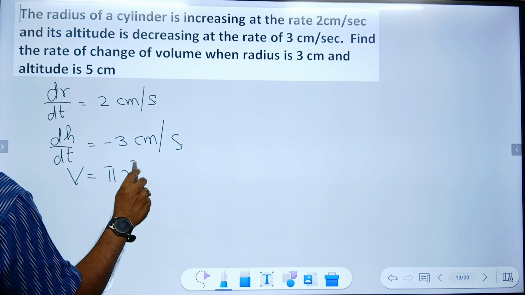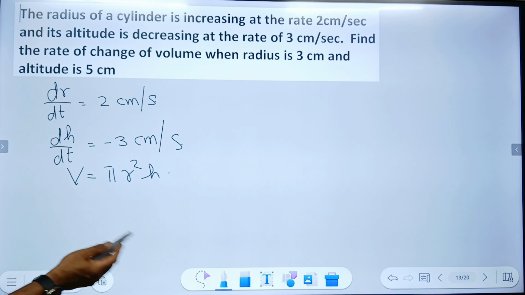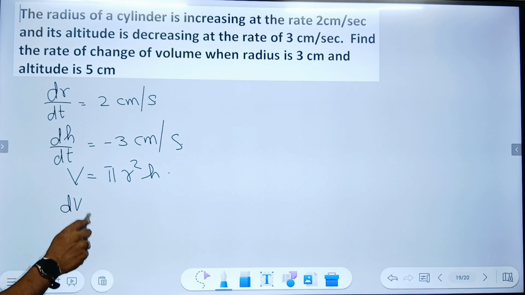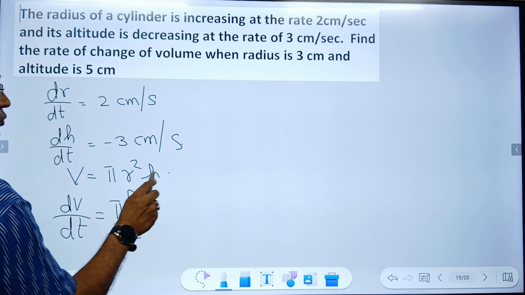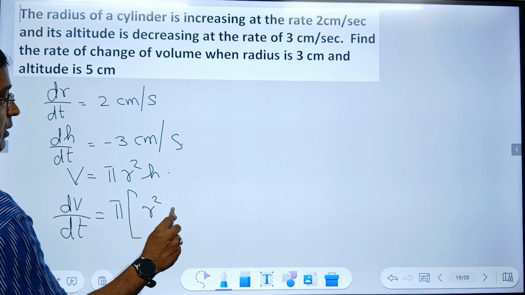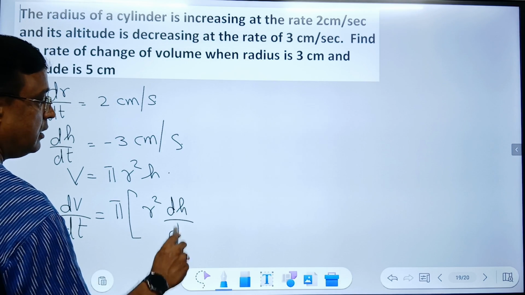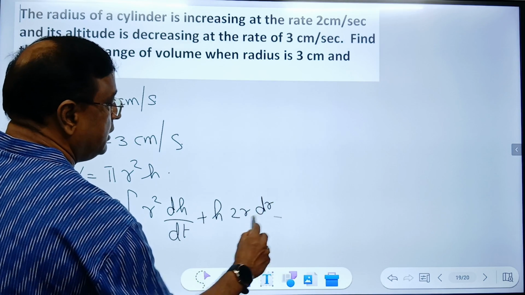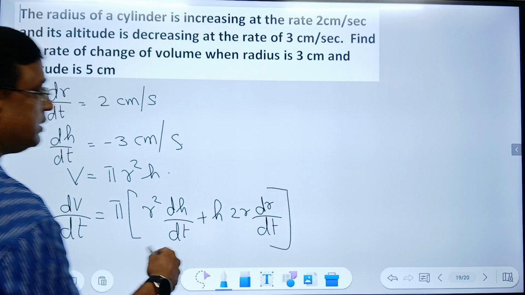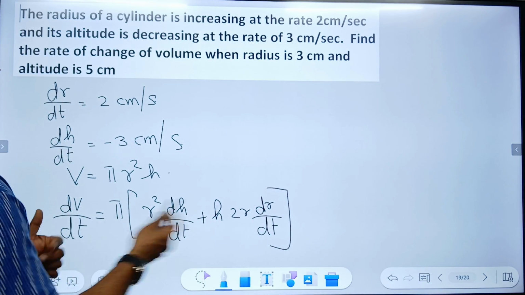Pi r square h. Here I want to find dV by dt, so nothing else to do but to differentiate. But how do I differentiate? I have to use product rule: r square into dh by dt plus h into 2r dr by dt. Differentiation of r square is 2r. So now just put in the values.